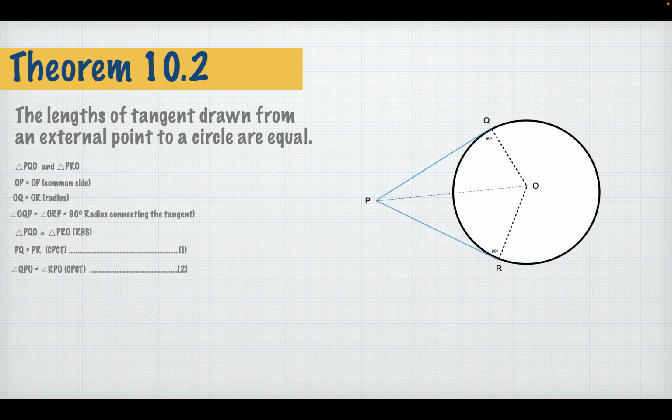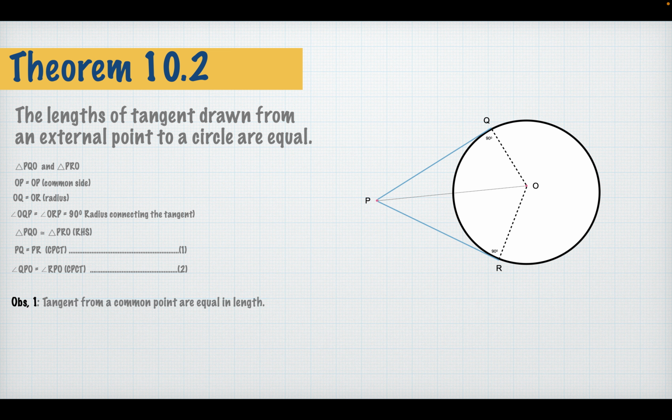Something that I can also use the CPCT property to get one more result is that angle QPO is going to be angle RPO. And why is this important? If you look at it, then this line that connects the center and the tangent is actually dividing the angle in two equal parts. That means it's bisecting the angle. Yes, so we can observe two things from here.